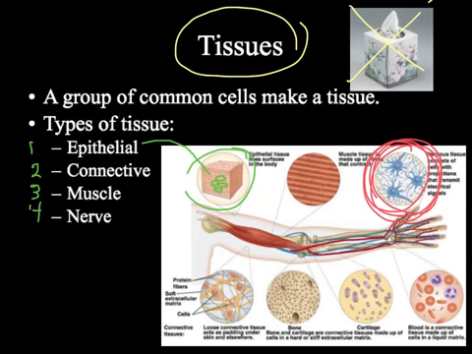They are all similar to each other, and as such they are a particular type of tissue, in that case nerve. These similar cells here are all muscle tissue. So when you have a group of cells clumped together that are similar to each other in both structure and function, that is the definition of a tissue.